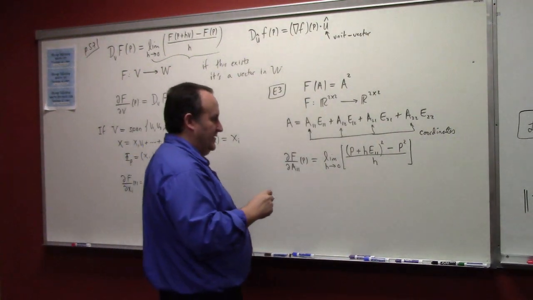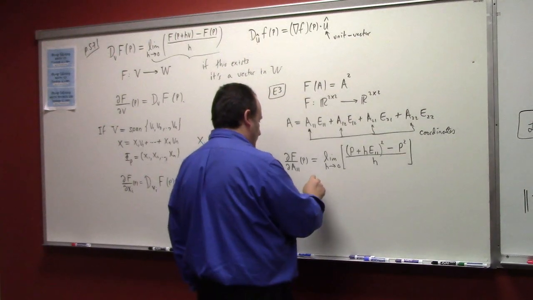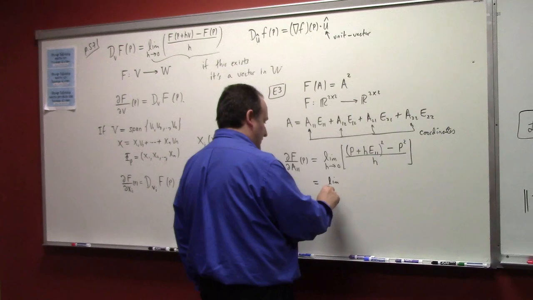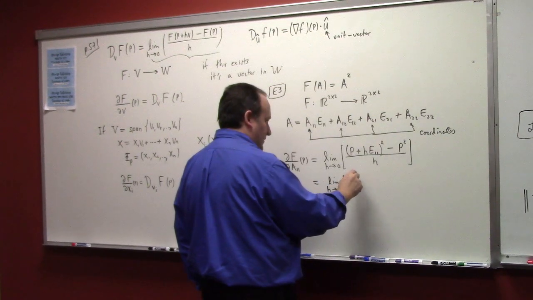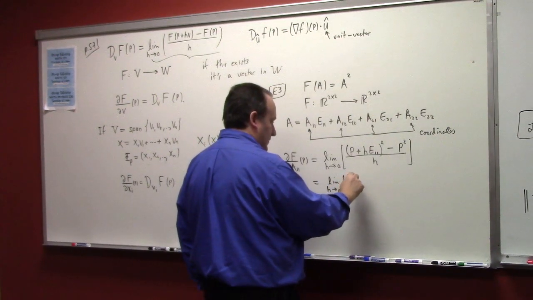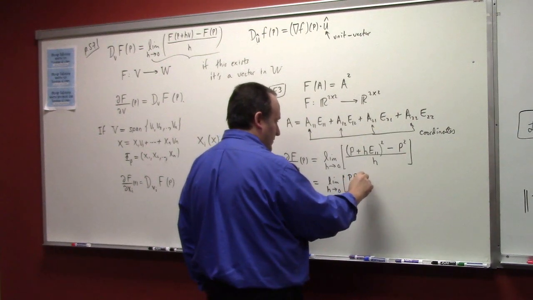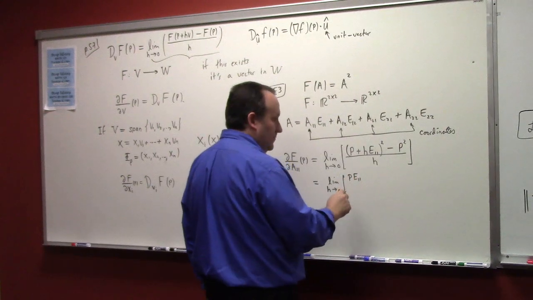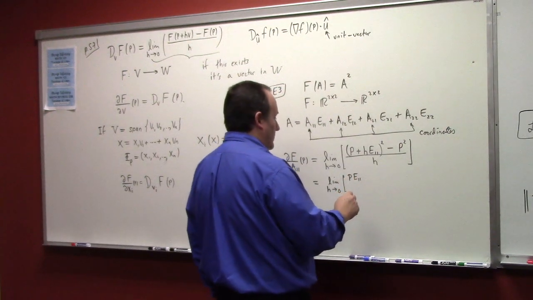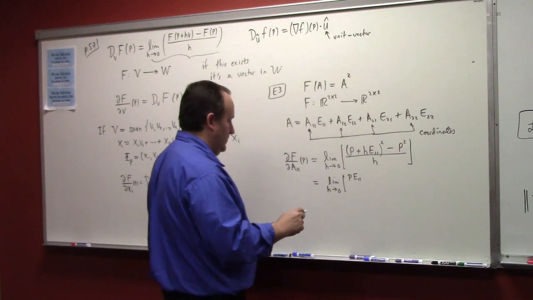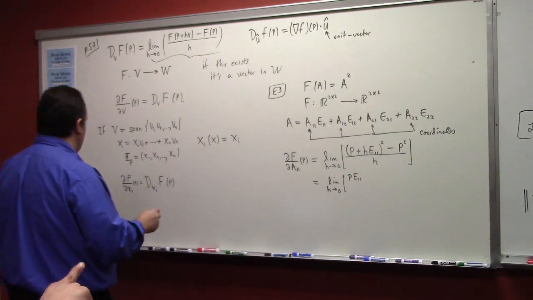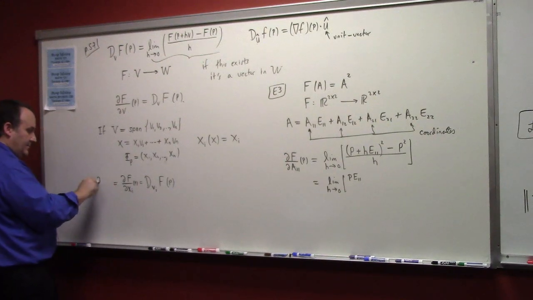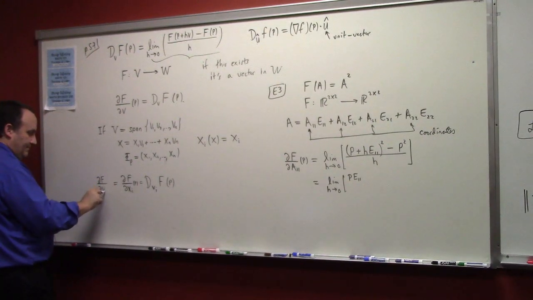Then the question is, how does that go? So let's see. Well, that is the limit as h goes to 0 of, we've got P, E11. When we say A11, the coordinate, we really mean the partial with respect to the basis.